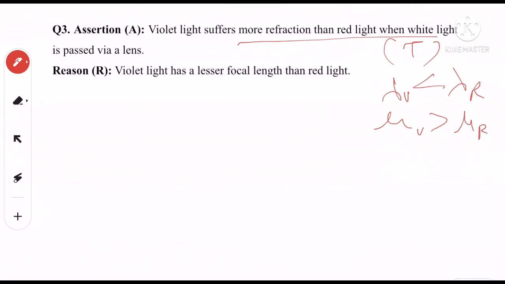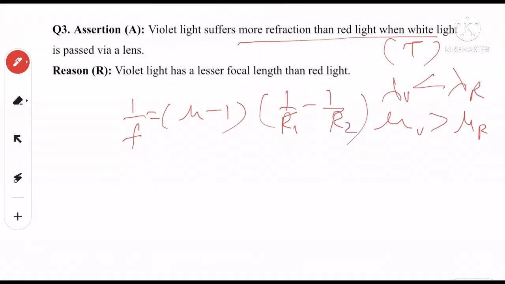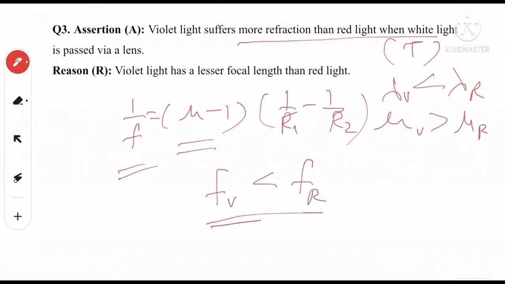So by the relation 1/f = (mu minus 1)(1/r1 minus 1/r2), the focal length is inversely related to the refractive index, therefore fv is less than fr. Since the focal length for red color and violet color is different, violet suffers more refraction than red light when white light is passed through a lens. Clear? So this statement is true.